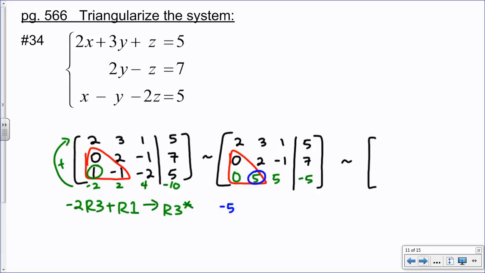Negative 5. Then I want to add that to row 3, but what am I going to multiply row 3 by? 2. And what row am I replacing? Row 3. Again, I have not changed row 1 and 2.